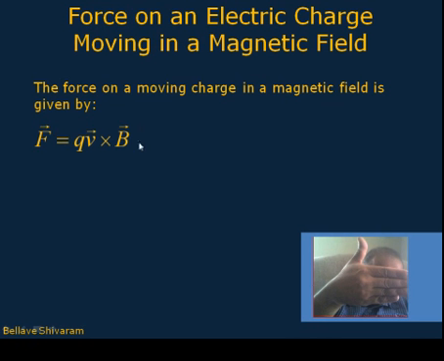So the force definitely is caused by the magnetic field. You need to have a magnetic field, and therefore the moving particle, to feel this magnetic force. However, the direction of the force is orthogonal to the applied field.